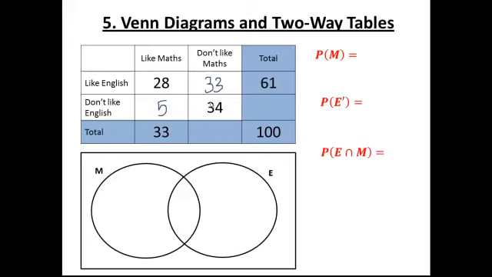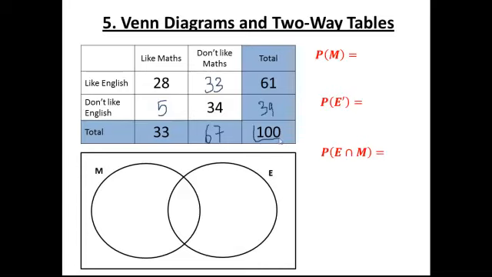Okay, now this number represents the number of people who don't like maths and they don't like English, so they don't really like much. So altogether, this column will tell me that there are 67 people who don't like maths in total, if I add those two together, 33 and 34. And then this number here tells me the total number of people who don't like English, which is 39.